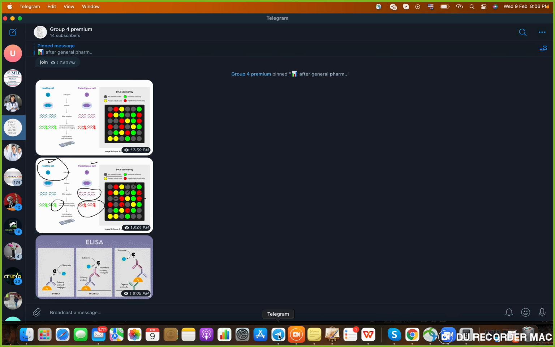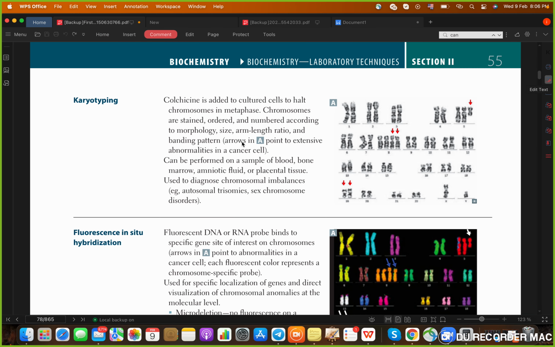It leads to microtubule inhibition, which is going to lead to decreased movement of the mitotic spindles, which means you will have halting of the chromosomes during an exact phase of the cell cycle, which is the metaphase.